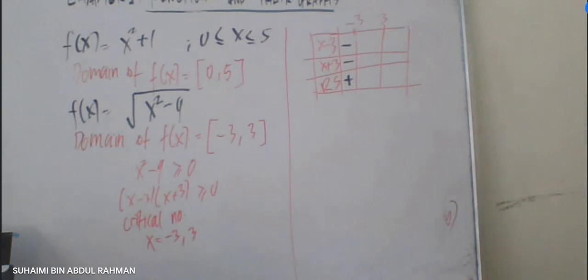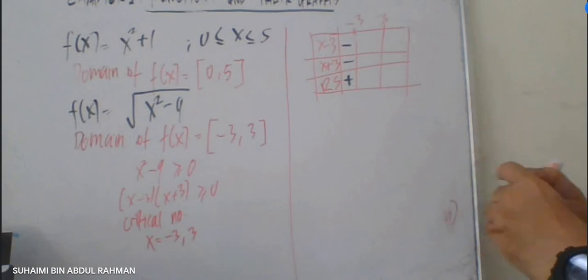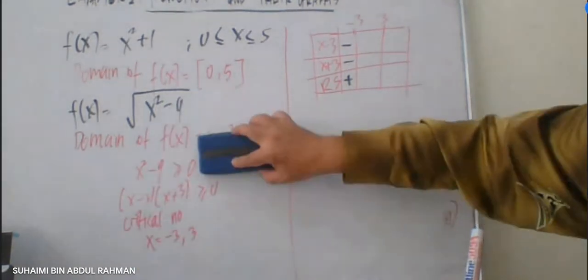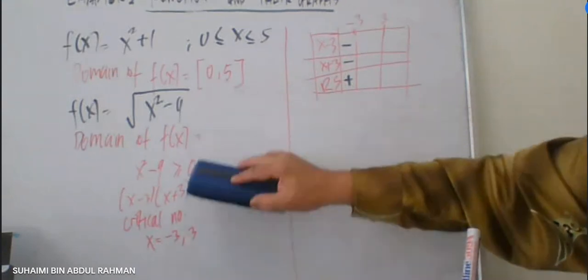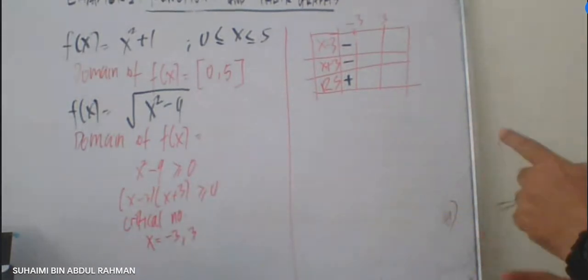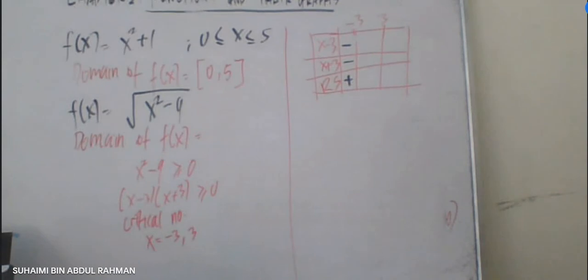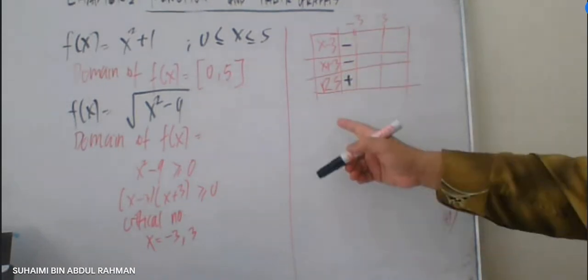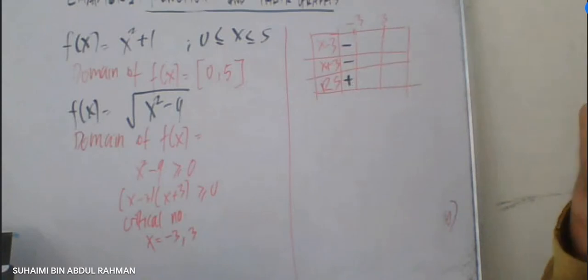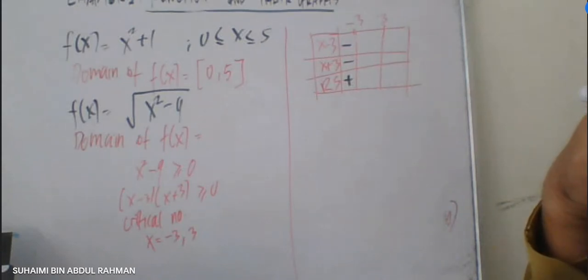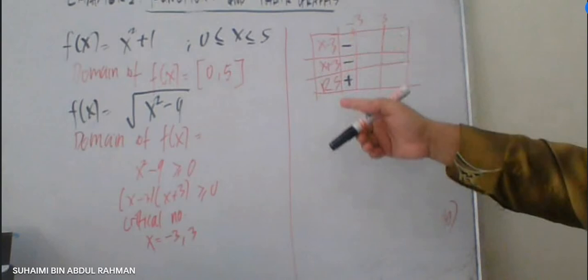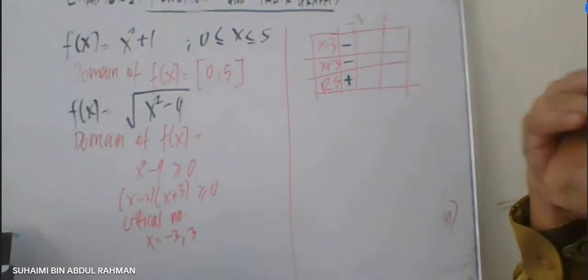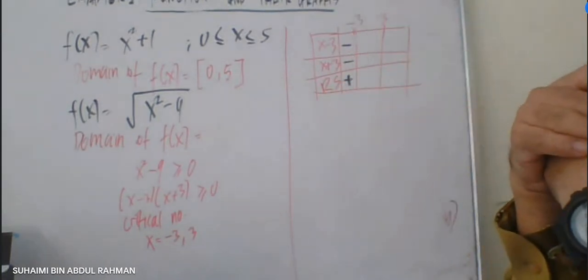Oh, sorry, no. We have to look at the sign table here. You understand? You understand up to here? Sign table, we go back to the inequality.